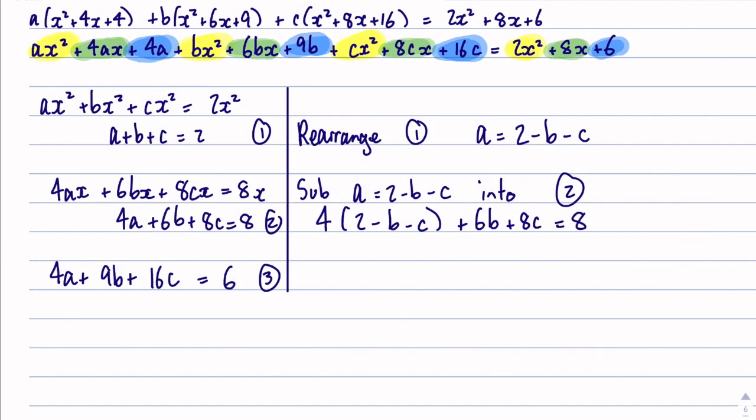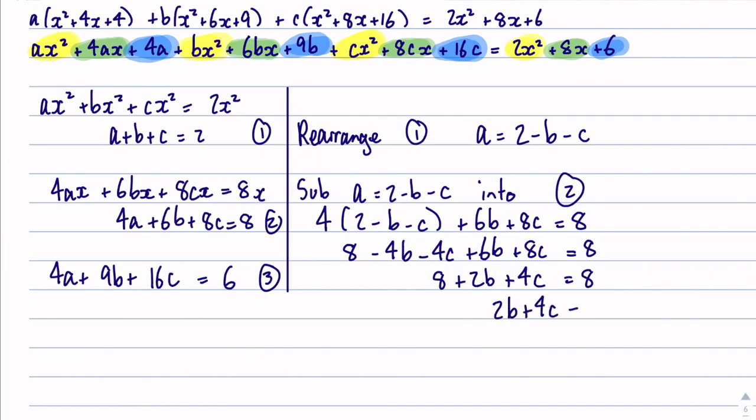I'm going to expand these brackets. 8 take 4b take 4c plus 6b plus 8c equals 8. So that gives me 8 plus 2b plus 4c equals 8, which means 2b plus 4c equals 0, which means b plus 2c equals 0, which means b equals minus 2c.